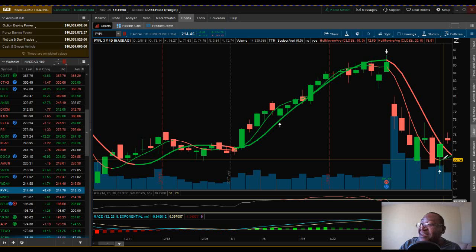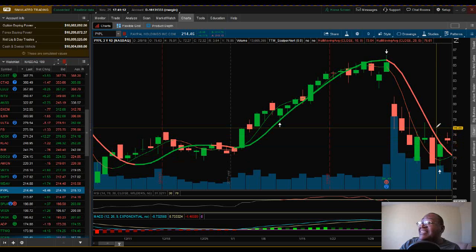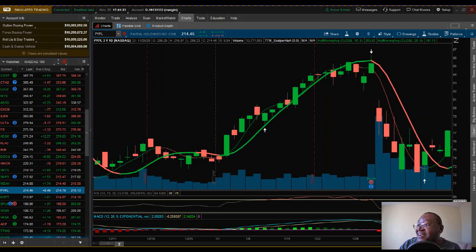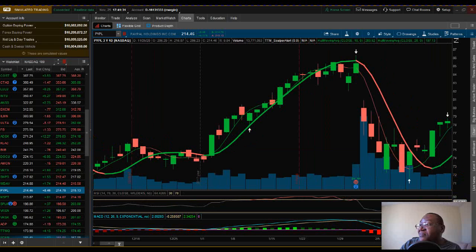You can say, okay, let me go ahead and jump in. Or you can say, let me wait and see what the 20 does as a confirmation of if I should jump in. Let's see what happens here. Now, both of them hit the green at this candlestick. Boom.